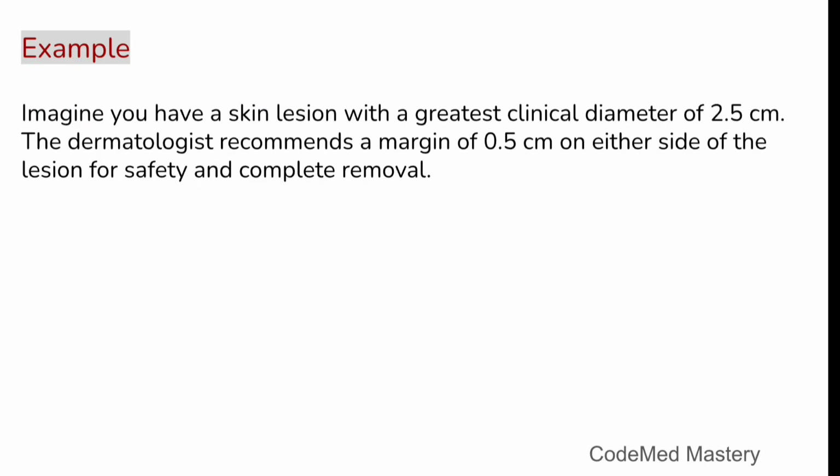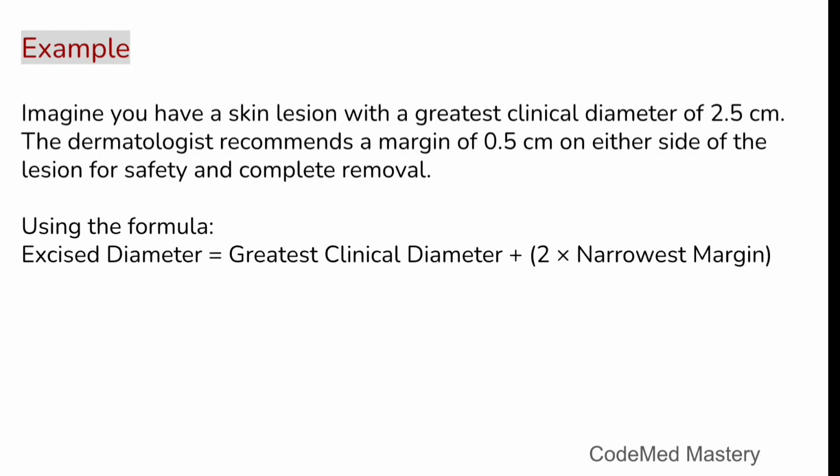Imagine you have a skin lesion with the greatest clinical diameter of 2.5 cm. The dermatologist recommends a margin of 0.5 cm on either side of the lesion for safety and complete removal. So, let's try to calculate. The formula is excised diameter is equal to greatest clinical diameter plus 2 into narrowest margin.